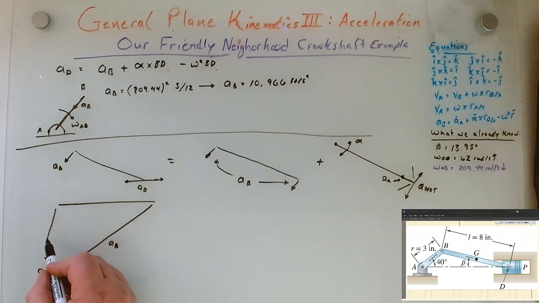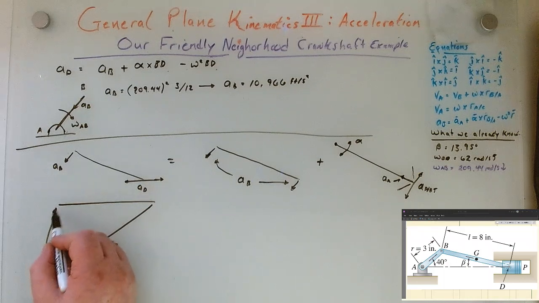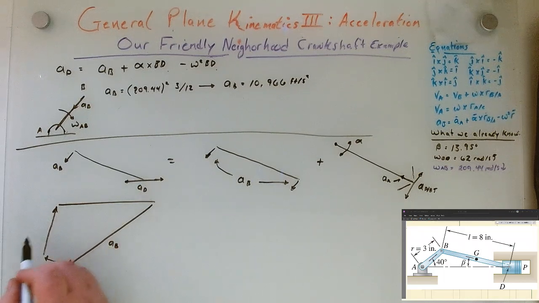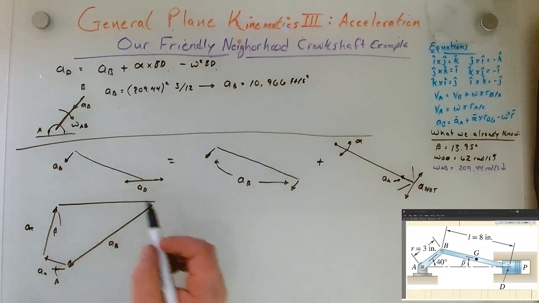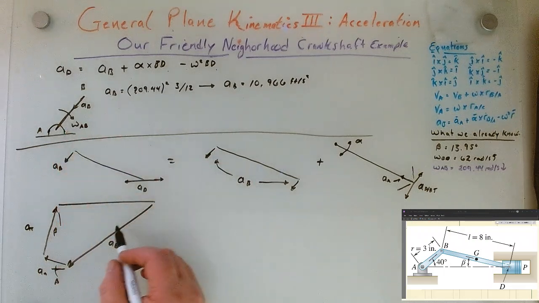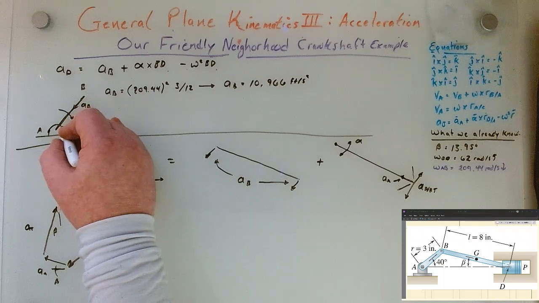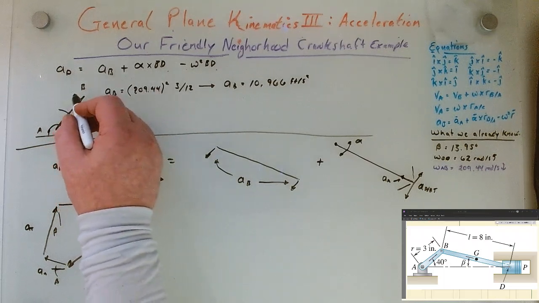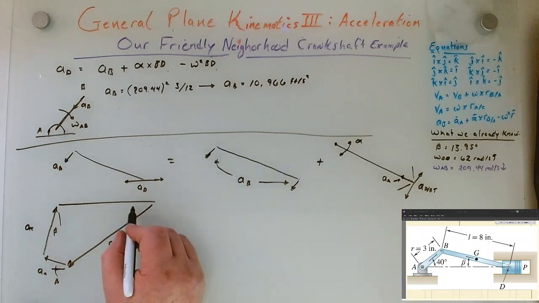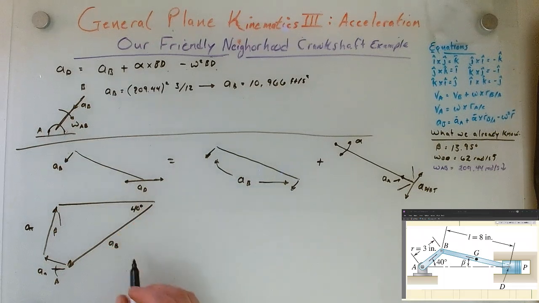And this is A sub t, right? And again, beta making an appearance. Okay, then if this here is 40 degrees, as we see in the diagram, then this right here is also 40 degrees. Cool.